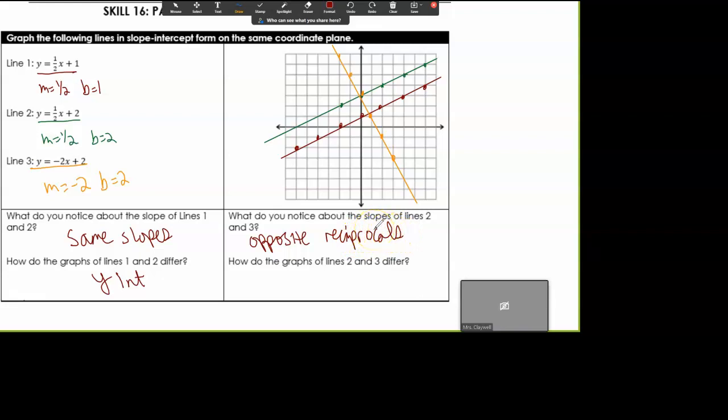When we say reciprocals, that means like 1 over 2 and 3 over 4. How do the graphs of 2 and 3 differ? They have different slopes.